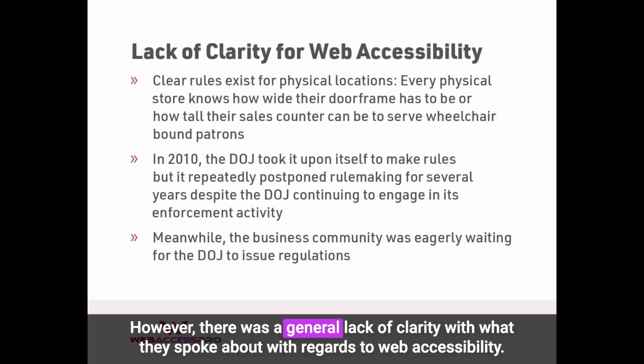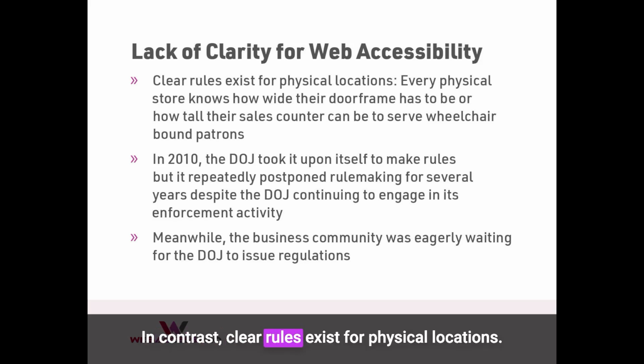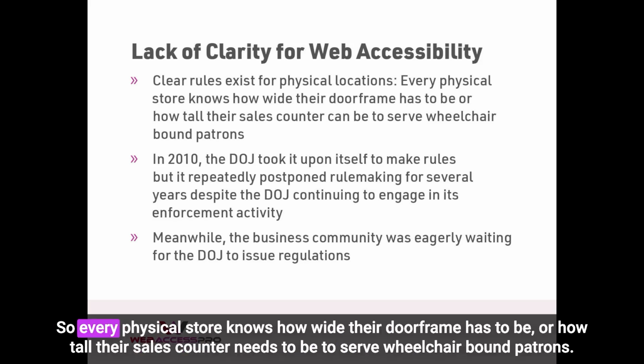However, there was a general lack of clarity with what they spoke about with regards to web accessibility. In contrast, clear rules exist for physical locations, so every physical store knows how wide their doorframe has to be or how tall their sales counter needs to be to serve wheelchair-bound patrons.